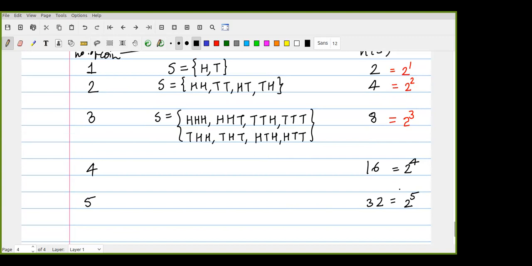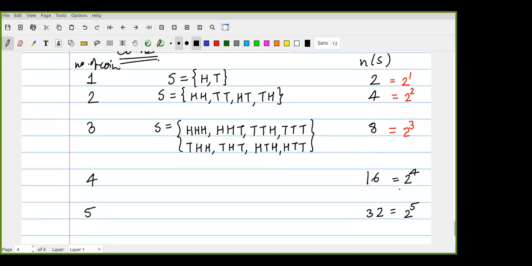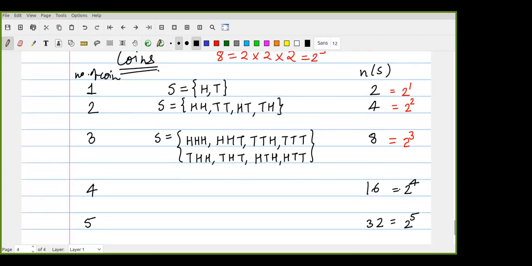We are not writing the sample space for 4 coins and 5 coins, but is the idea clear, how we will find the number of sample points in those cases also? Okay, no problem. Just take a minute and go through this idea of coins, and let me know if you have any difficulty.